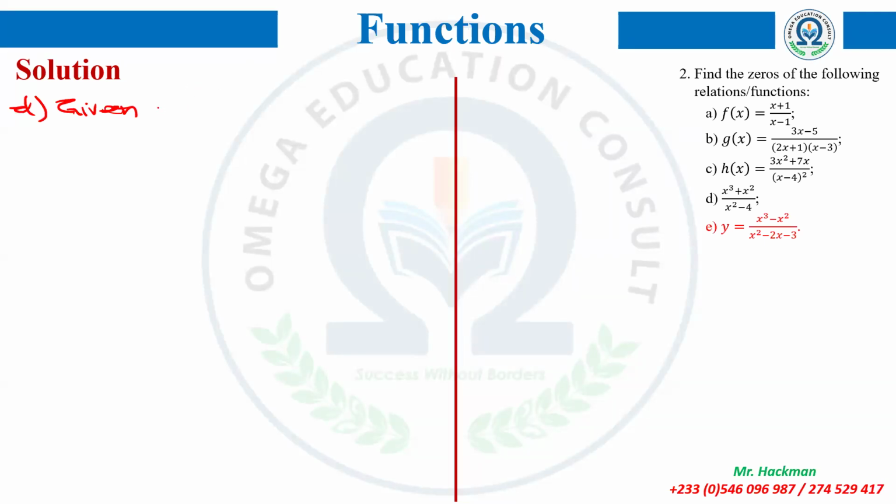Okay, so ask. So we have x cubed plus x squared all over x squared minus 4.